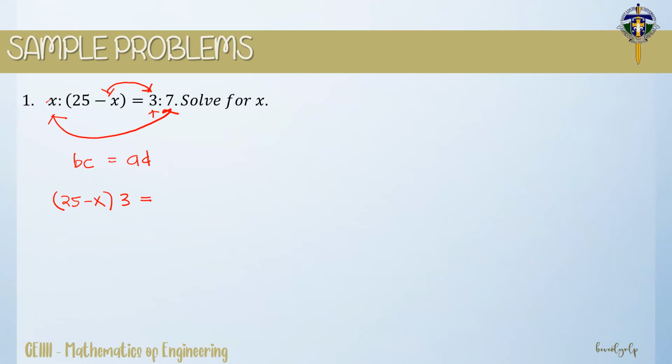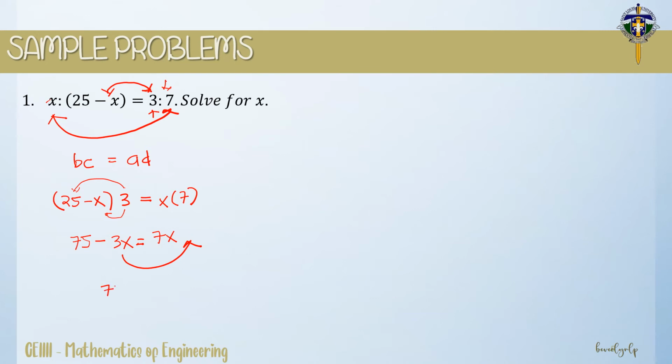So a, that is x, and the d is 7. Simplifying, 3 times 25 is 75 minus 3 times x is 3x, is equal to x times 7, that is simply 7x. Transpose negative 3x to the other side.